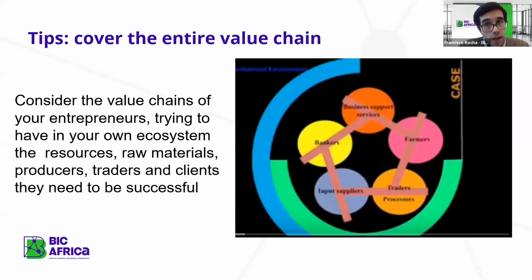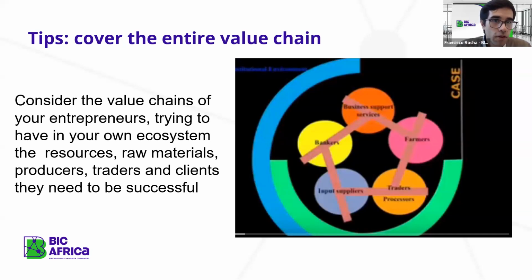It is of key importance to cover the whole value chain. So what you see there on the slide, although it's a little bit blurry, hope you can read it, this is an example of a value chain of agricultural products, which involves resources, raw materials, producers, traders, and clients, and so on.